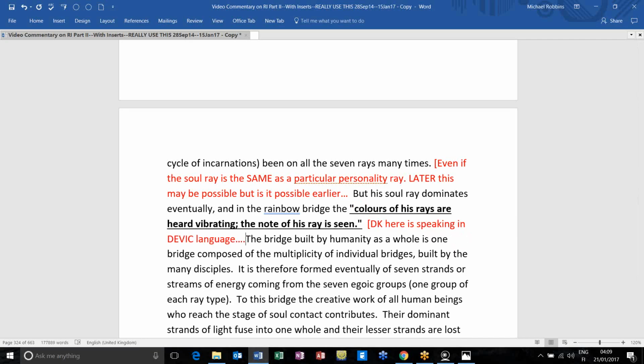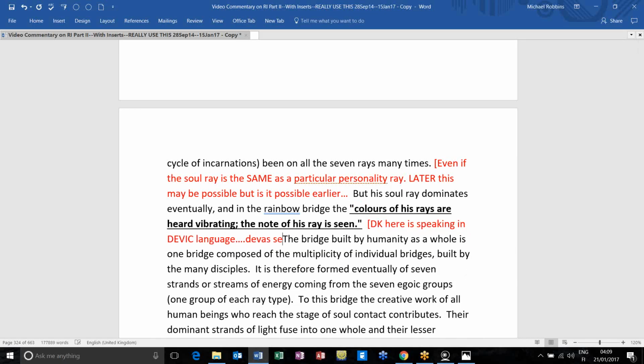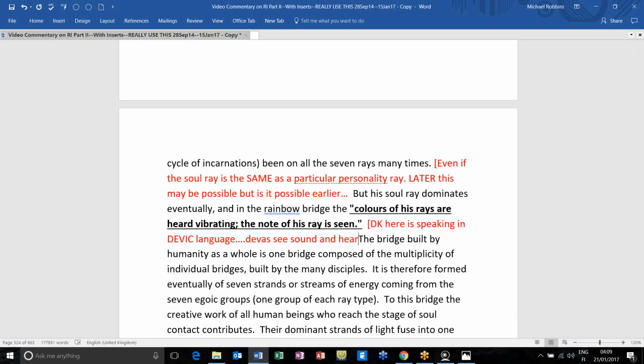And the Devas, we are told, they see sound and they hear color. Devas see sound and hear color. And it is a very Devic process. We are becoming a builder here, and we're working with Devic substance, hopefully in the right way. The colors of his rays are heard vibrating, and the note of his ray is seen.